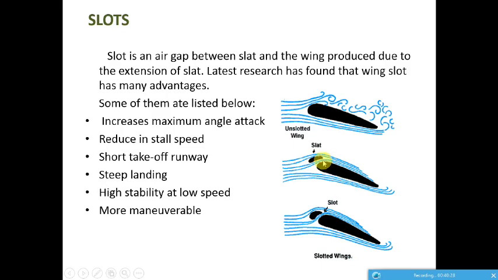The main function of this slot is to increase the velocity of the air flowing through it, so that the velocity of air is a little higher compared to the air flowing directly without any slot. This increased velocity keeps the airflow over the surface attached without creating any turbulence, as in the other case.